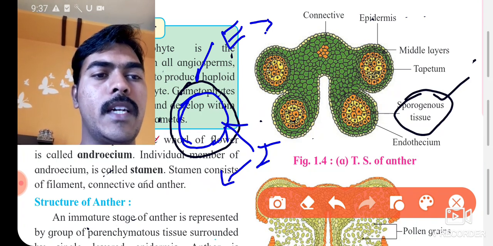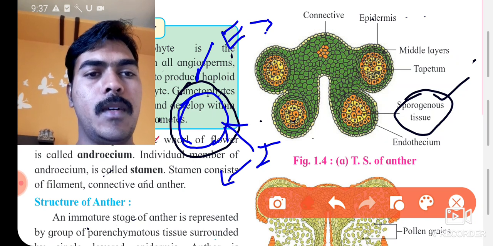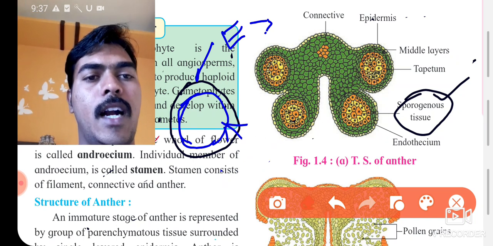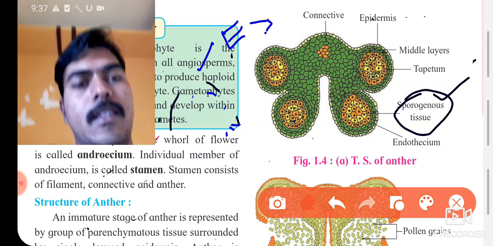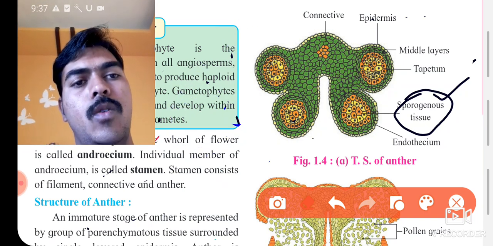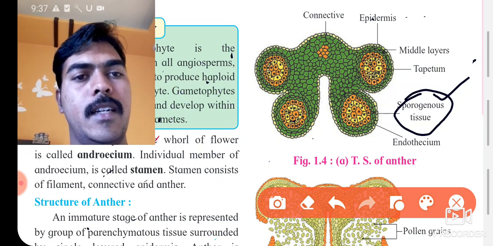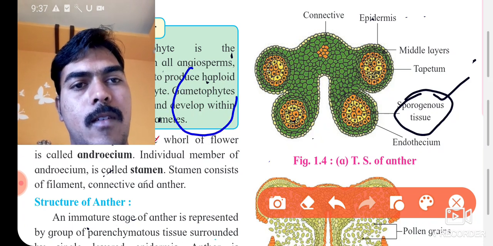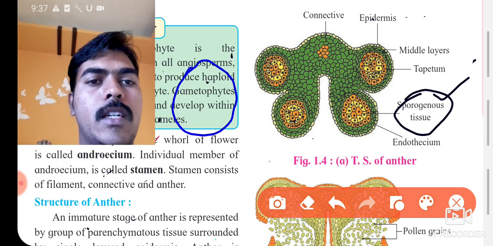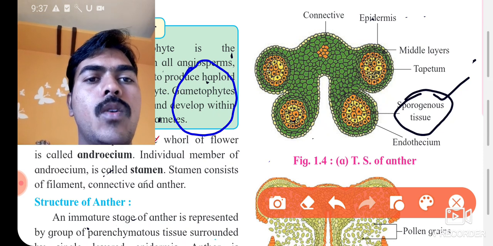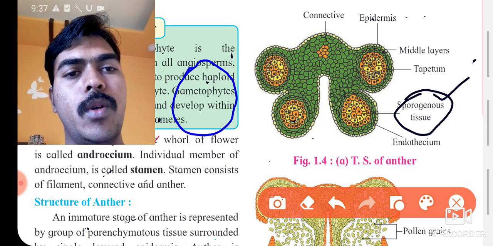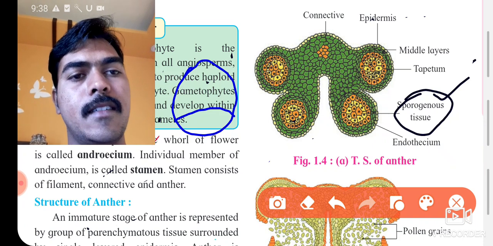Once the pollen grain is formed, these pollen grains undergo mitotic division. Let me show you. So this is a pollen grain. It undergo mitotic division to produce two cell stage.